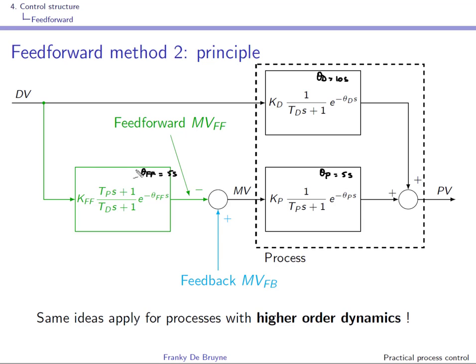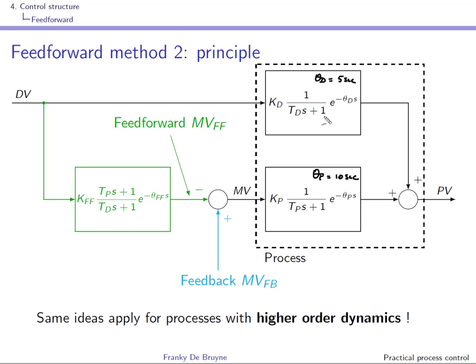But you can see that in this second influence path, if you add the two, you also have a delay of 10 seconds, so that you adjust when those two influence paths act and that they are acting at exactly the same time instant. Well, let us now take an example where we have a delay in the disturbance dynamics that is 5 seconds, right, and a delay in the process that is 10 seconds, right?